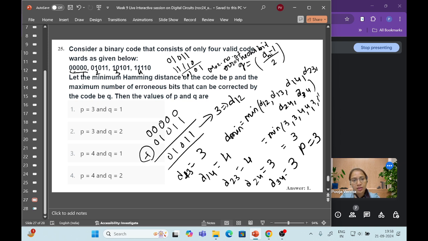D minimum we already have, that is 3. So (3 minus 1) divided by 2, and we will get 1. So Q is equal to 1. So P is equal to 3 and Q is equal to 1 is the final answer for this question. So the values of P and Q are 3 and 1. That is option 1, the correct answer for this question. Okay. So I hope all of you have understood this question.